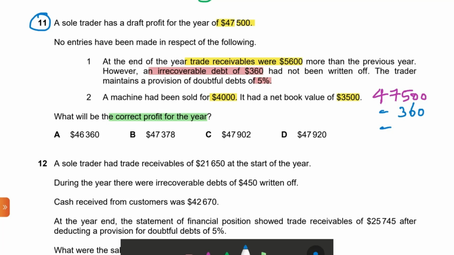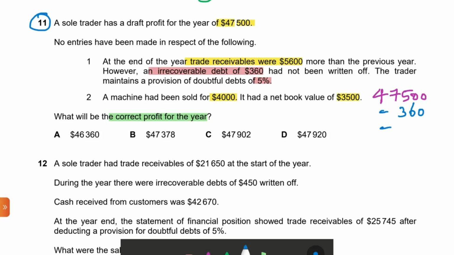So first we have to calculate the provision for doubtful debts. How to find the provision for doubtful debts? Provision for doubtful debts we are calculating after deducting the bad debt. So here, an increase in provision goes on the debit side of the income statement.